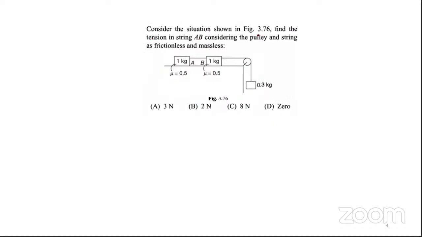Consider the situation shown in this figure. Find the tension in string AB, considering the pulley and string as frictionless and massless.